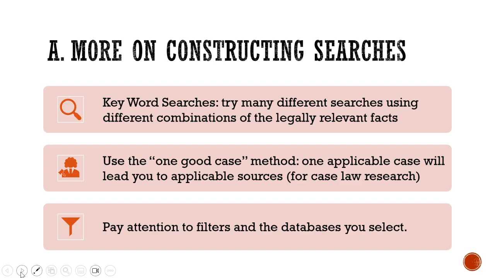When we're constructing research questions in terms of case law, just like research into legislation, there are keyword searches, and we need to use many different searches using different combinations of the legally relevant facts. When you find that one good case, it's a wonderful method, because you can find one applicable case that leads you to other applicable sources.